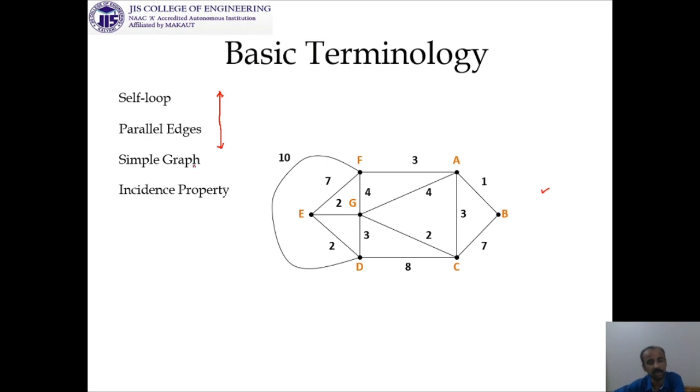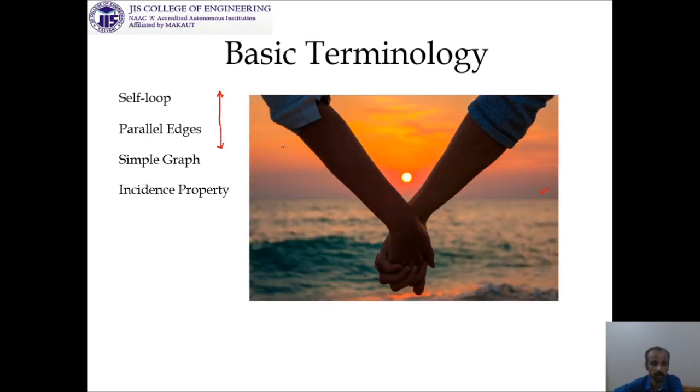Next is the incidence property. Let us check what the incidence property is. What a nice picture we have. But what is the connection of this picture with graph theory? If we think of this one as a vertex, this one as a vertex, and this one as a vertex, and these as edges, then we can see that this edge is incident on this vertex.